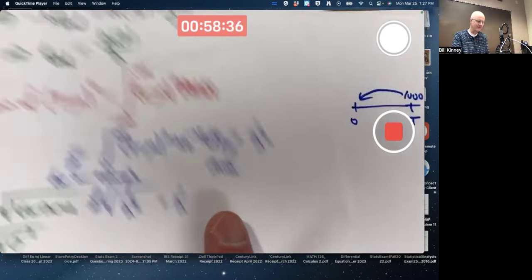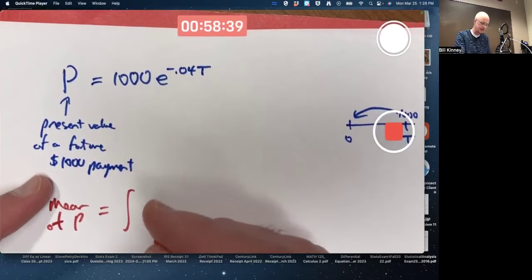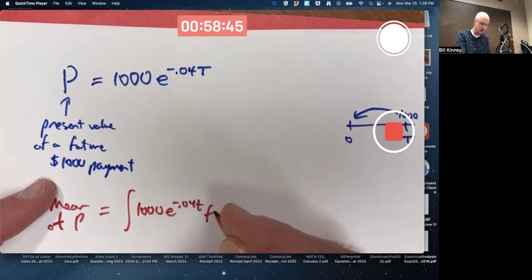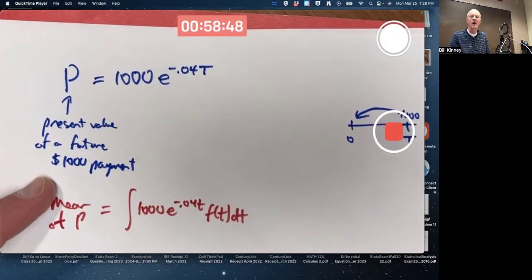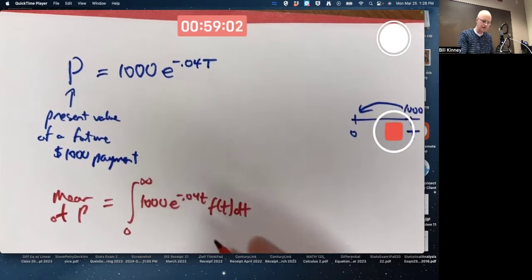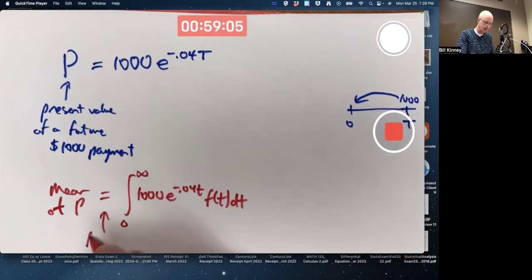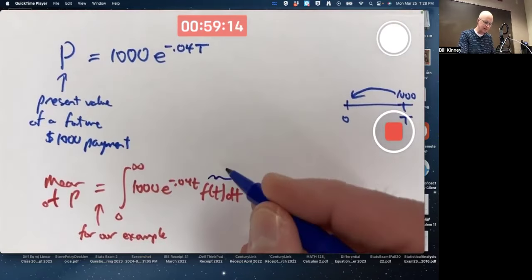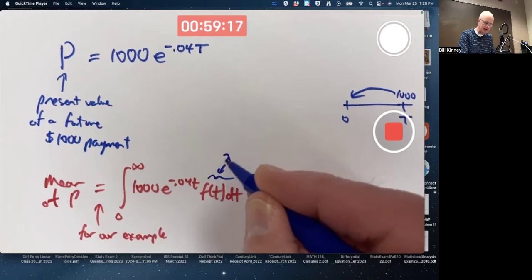Likewise, we can integrate this function, 1,000 e to the negative 0.04 t, times f of t, using lowercase t's here, over the entire domain, in general minus infinity to infinity, but for our example, f of t is 0 when t is negative, so we can start at 0. This is for our example. Okay, this is the easy way to do it, though it doesn't mean you wouldn't make a mistake. f of t is lambda e to the negative lambda t.